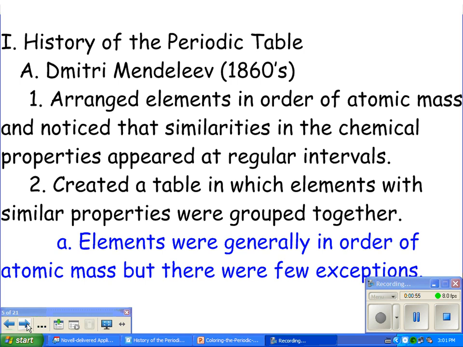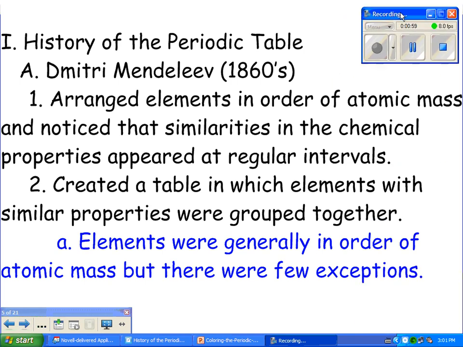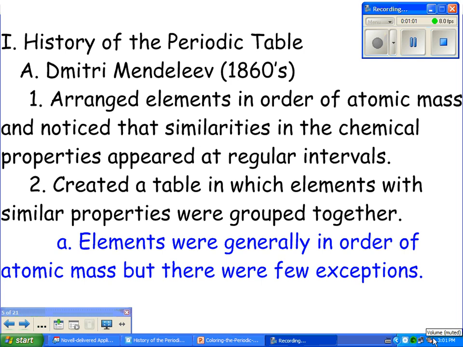But there were some that he had to flip-flop, because their properties went better with the row or the column next to them, from where their mass put them in order. So he knew that there was something that needed to be done differently, and he also had to leave quite a few empty spaces because they didn't have all the elements.